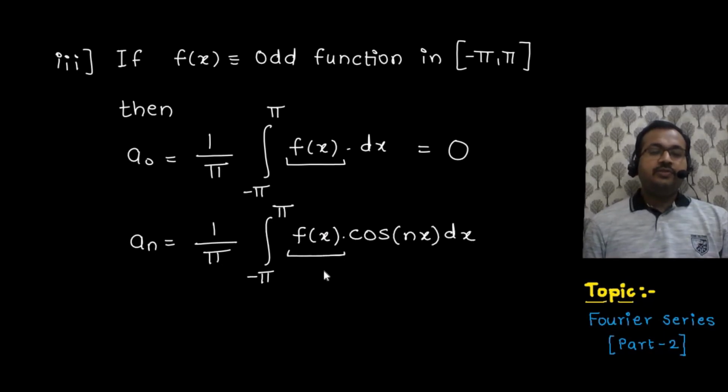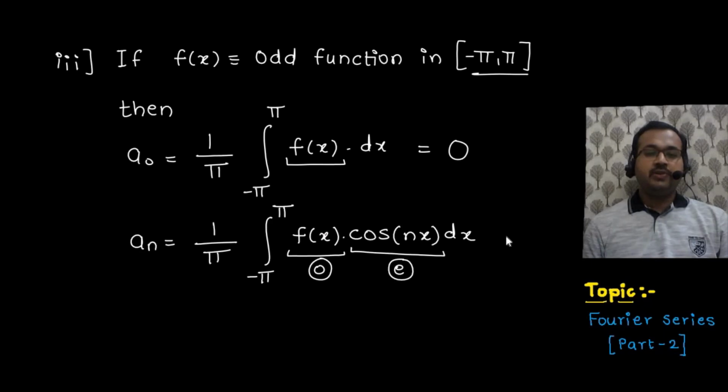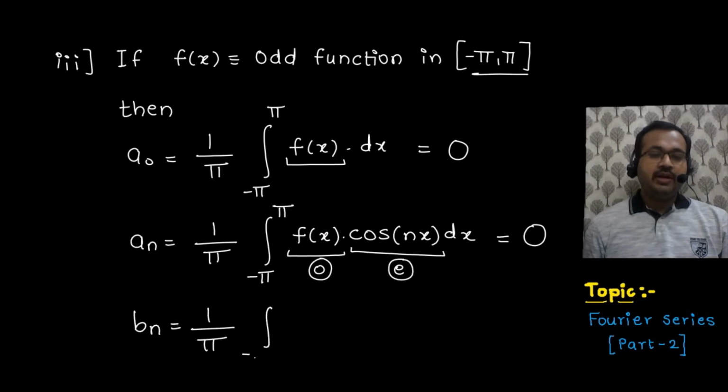Now, since f of x is an odd function and cos nx is an even function of x in the interval minus pi to pi, the product of one odd and one even function is always odd. So by using integral properties of odd functions, we got an is equal to 0. Now let's check bn. bn is calculated by using the formula integration minus pi to pi, where we have taken 1 upon pi outside the sign of integral. f of x is multiplied by sin nx dx.